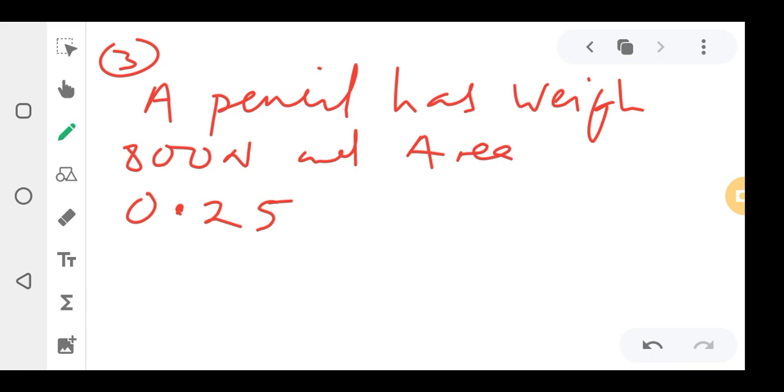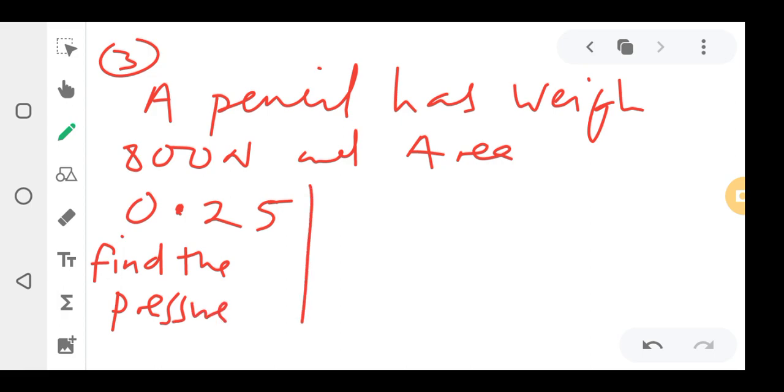Okay, the area of 0.25. So find the pressure.